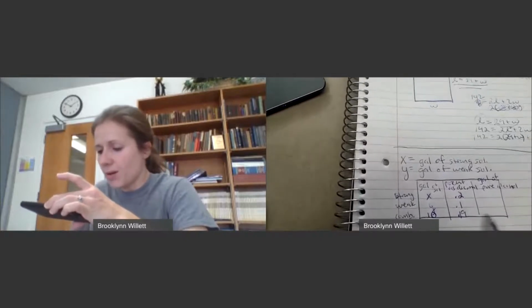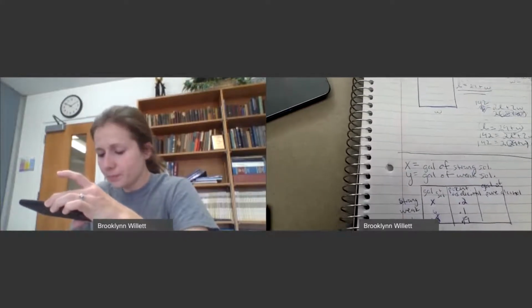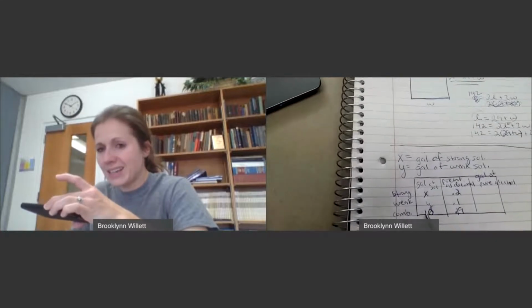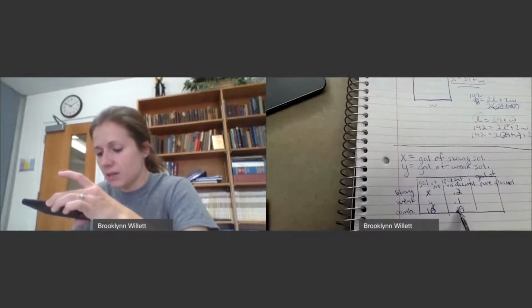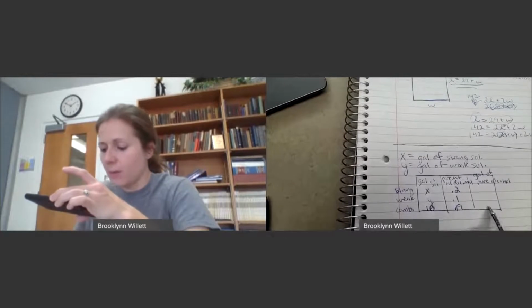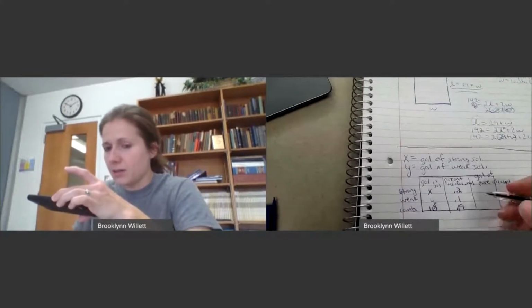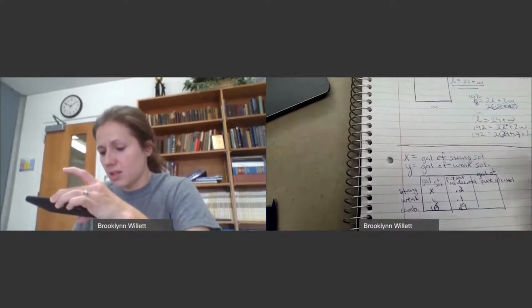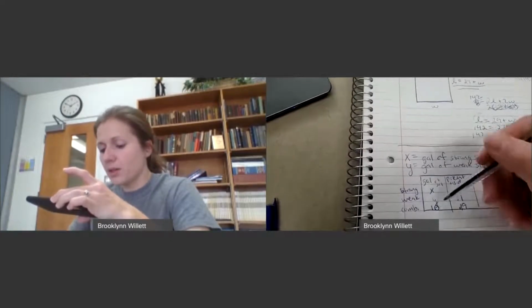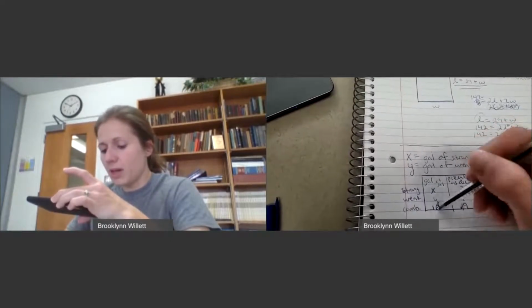So the bottom row might actually be the easiest one to start with, because if we have 10 gallons and 19% of those 10 gallons is pure alcohol, then number one in the homework taught us all we have to do is multiply these two values.